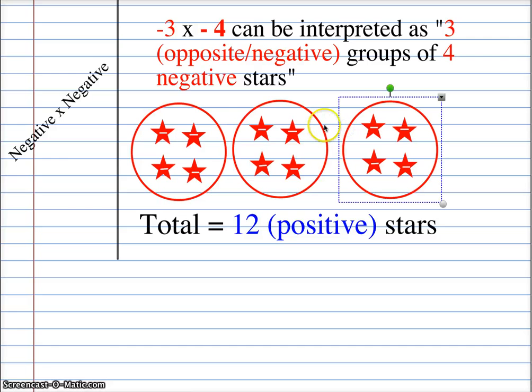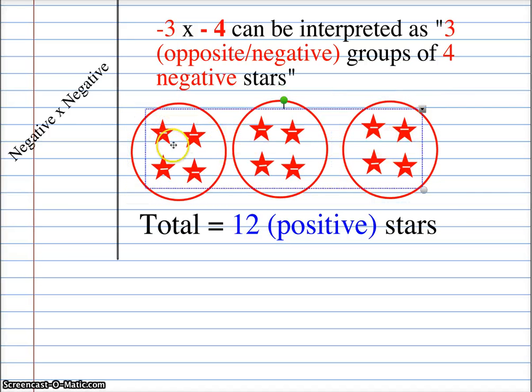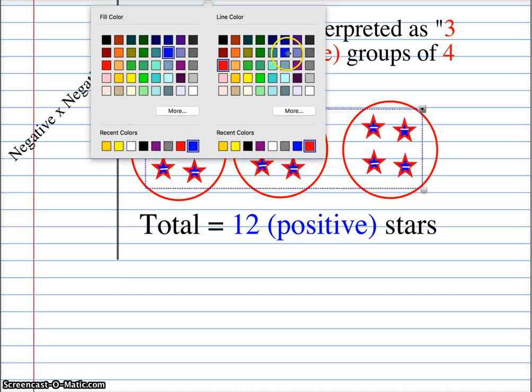But each one of these circles, okay, each one of these circles means I want the opposite of what's inside. Okay, a negative circle means everything on the inside, I want the opposite. Okay, so this group on the inside, right now they're negative 4, because that's what they represent. But because the circle is a negative, it wants me to find the opposite.